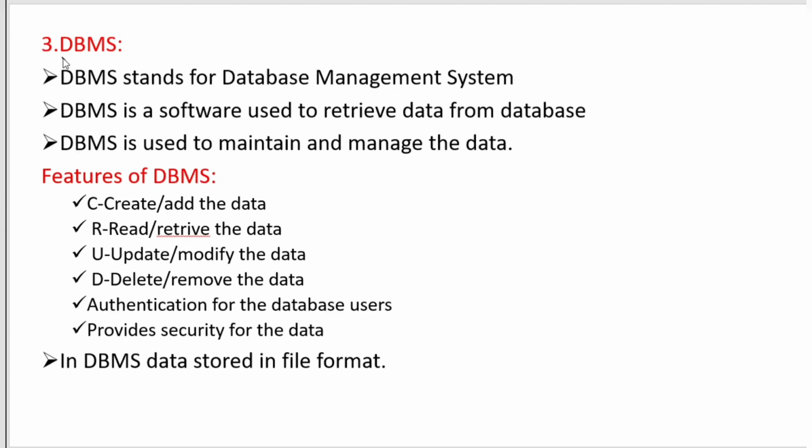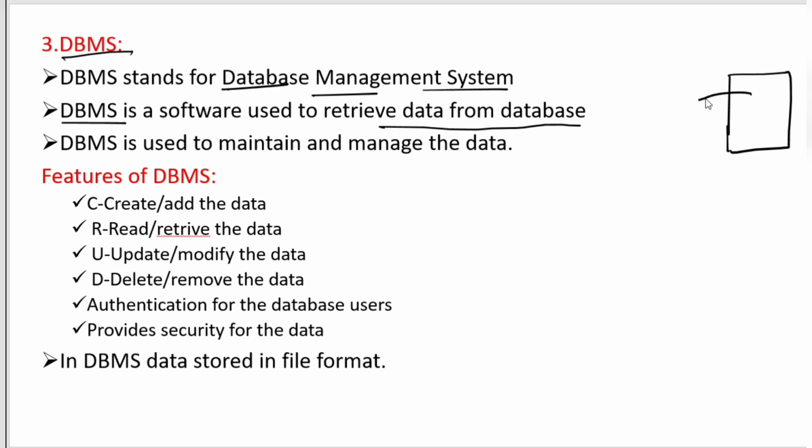The third terminology is DBMS. What do you mean by DBMS? DBMS stands for Database Management System. DBMS is software used to retrieve data from the database. That means we have a database and I want to retrieve data from it. How can I retrieve it?